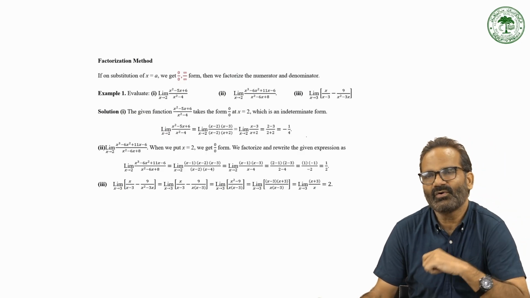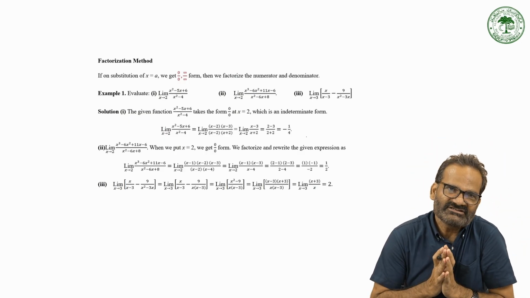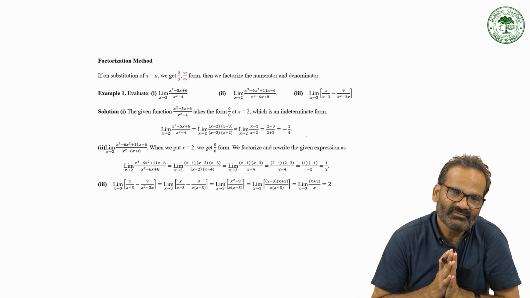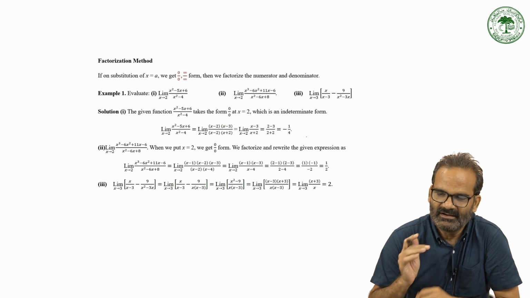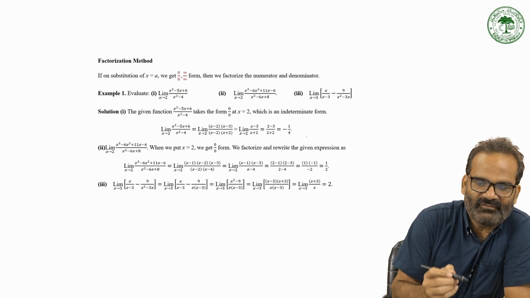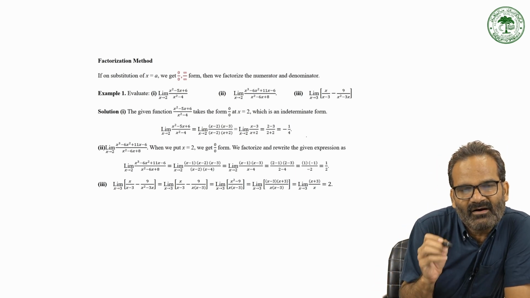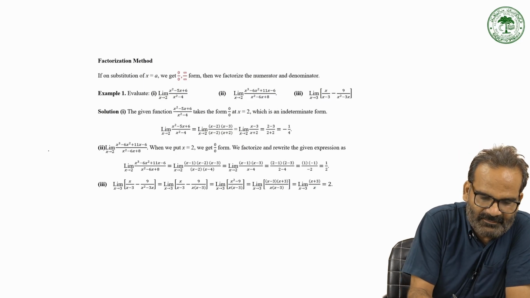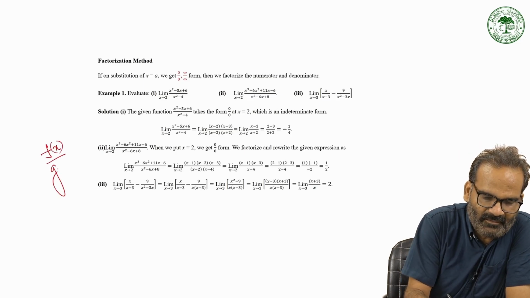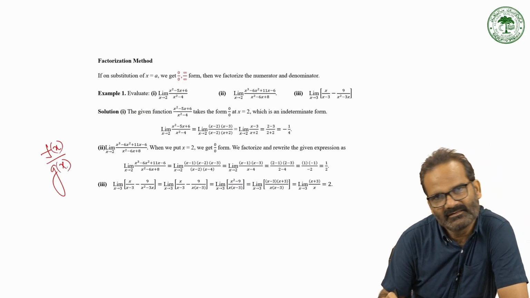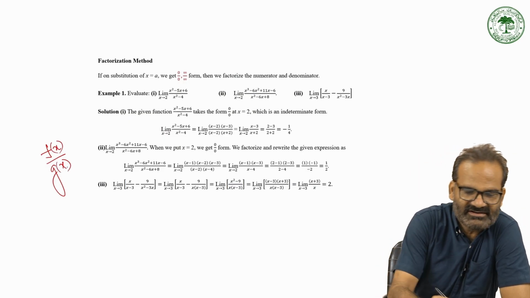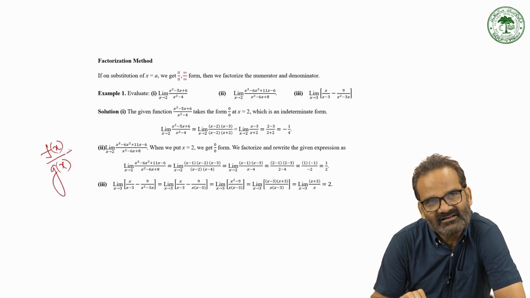The first thing is, under what condition does the factorization method work. This is very important. The factorization method to find out the limit of any function is applicable only when the function is of the form f(x) upon g(x). This means the function is rational.